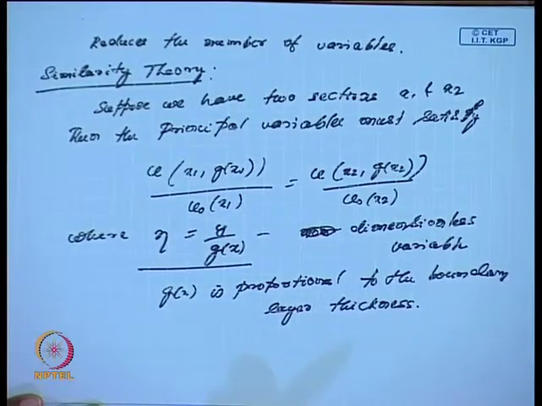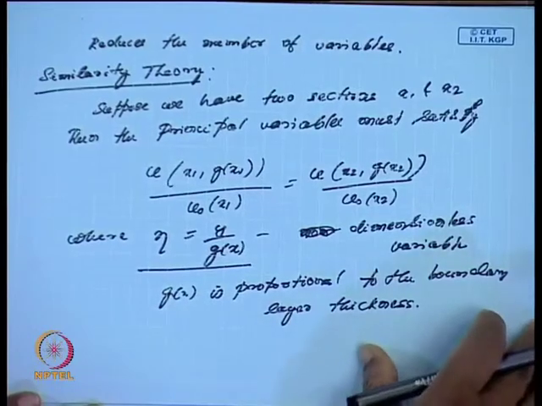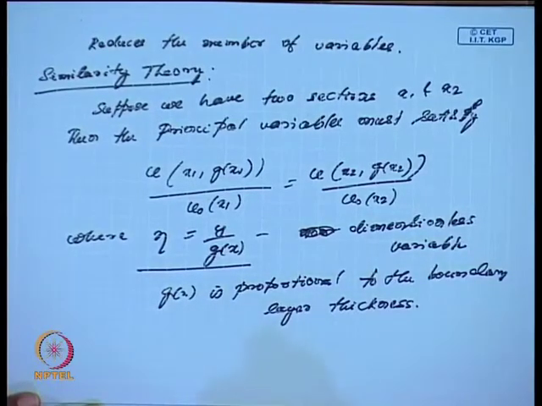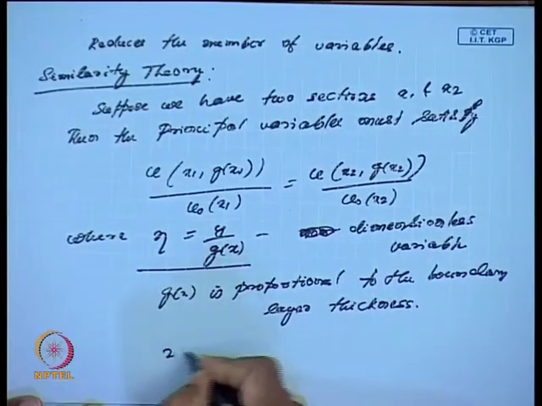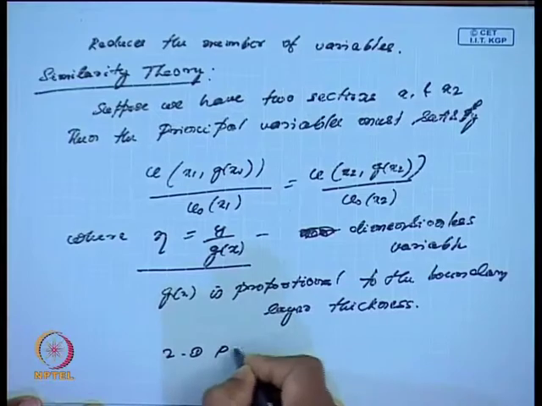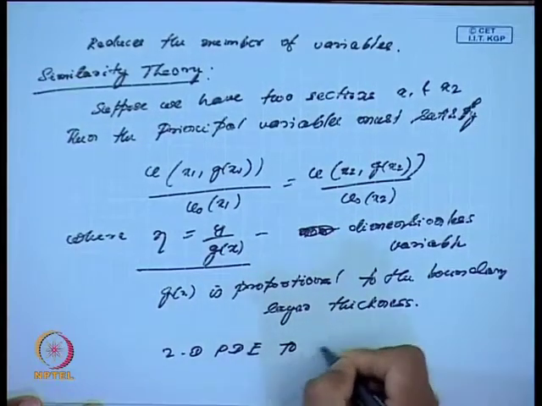We can recast the whole problem from a two dimensional partial differential equation to an ordinary differential equation. So, in many situations it is possible to convert a two dimensional PDE to an ODE.